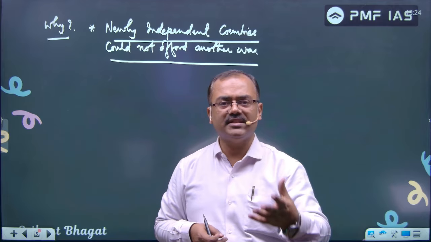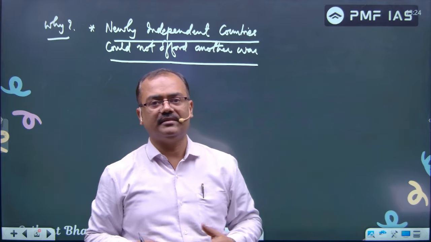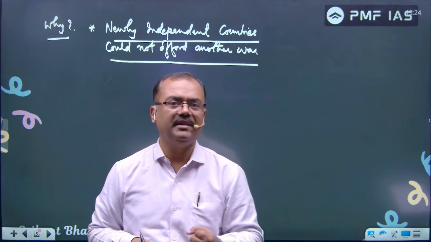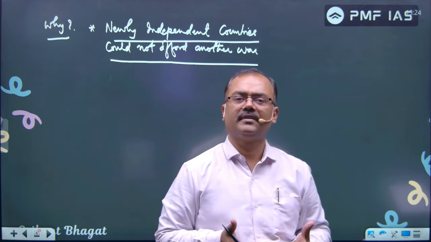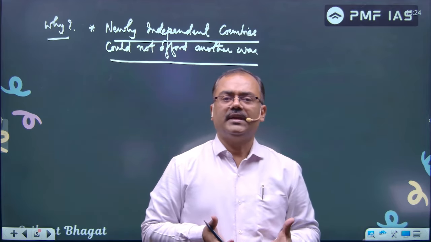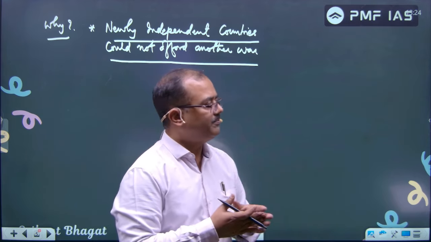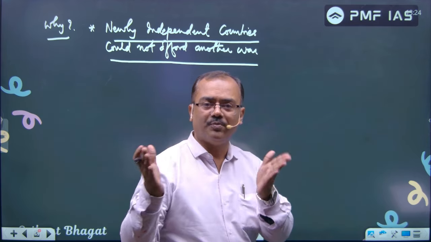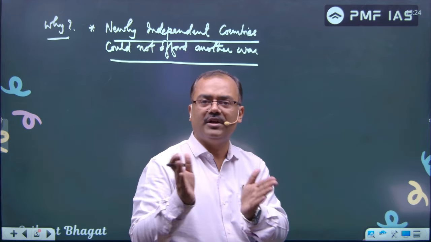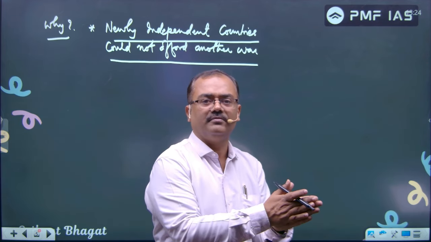The Second World War's devastation and colonial exploitation made the countries feeble, weak, economically so poor. In that condition, there was more probability that bloc politics could lead towards further war.